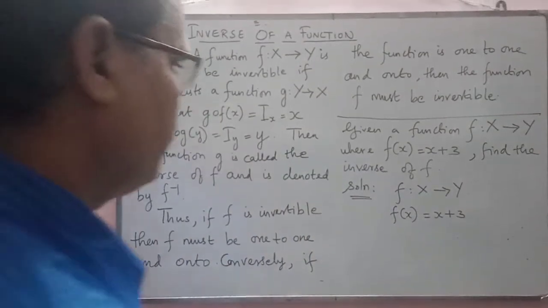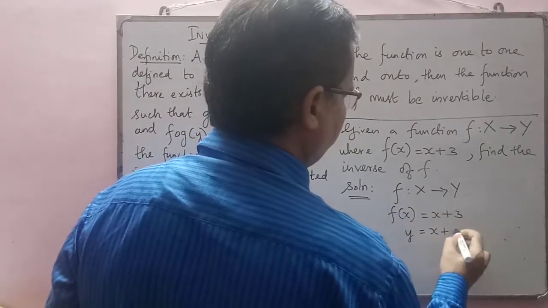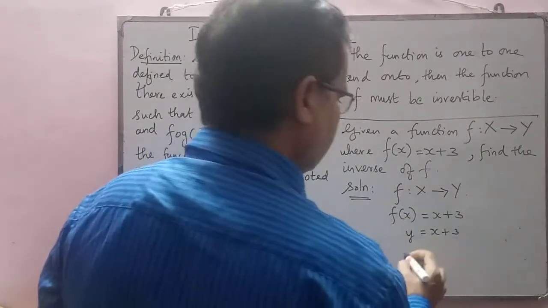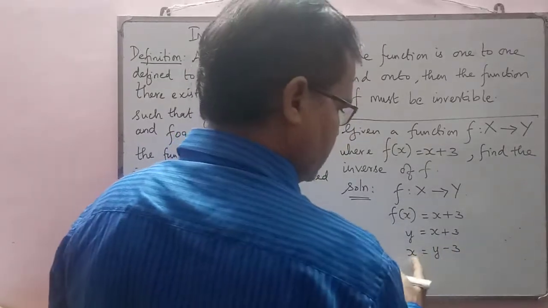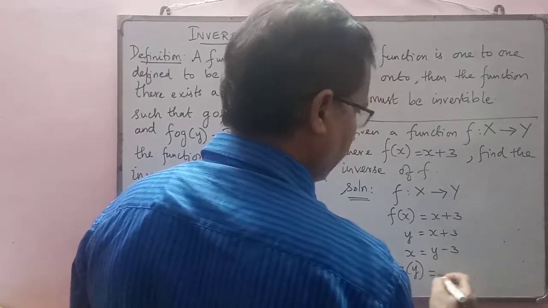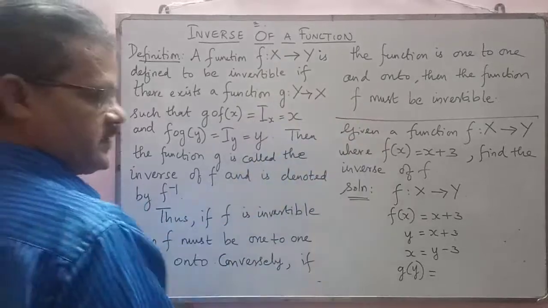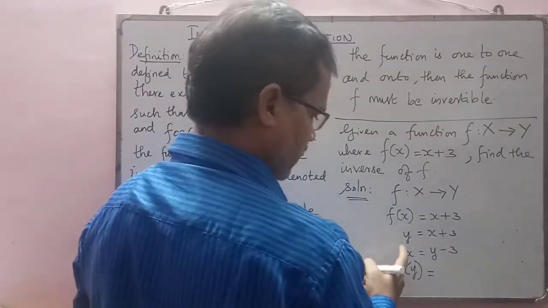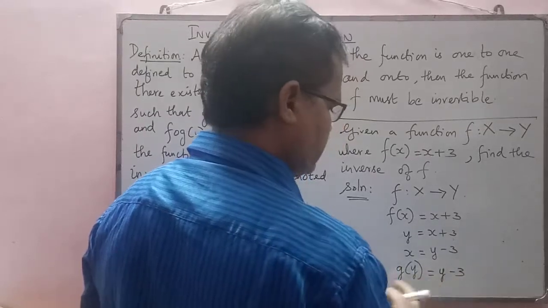Now let us start. I'm going to take this as y equal to x plus 3. I'm going to solve it for x. x is equal to y minus 3. This is nothing but g of y. This x is nothing but g of y, because we have seen that there exists a function g from Y to X. I'm going to define it as g of y equals y minus 3, a function of y.